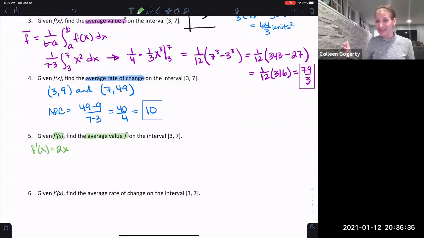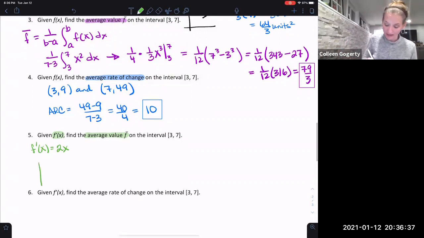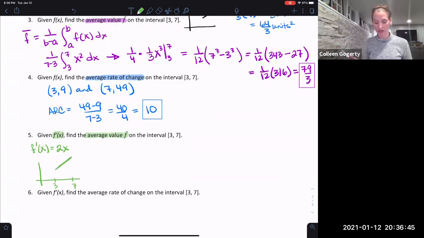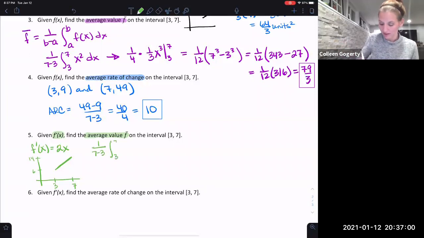So when I'm asking you for the average value on 3 to 7, I'm looking at this function. That's going to go from 6 to 14. So I'm still going to do the same thing, it's just my function has changed. So I have 1 over 7 minus 3, the integral from 3 to 7 of 2x dx.